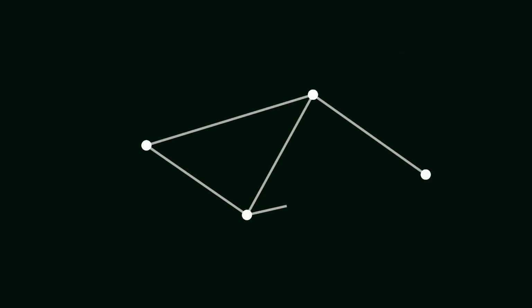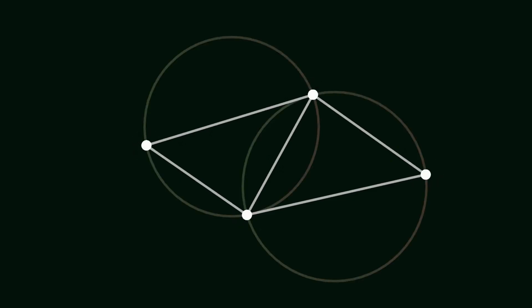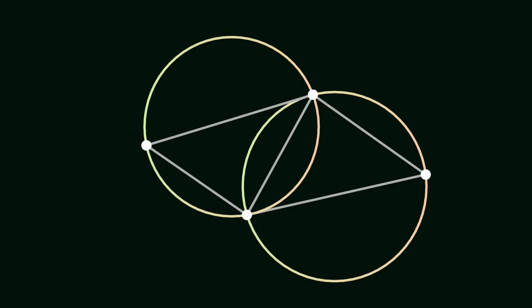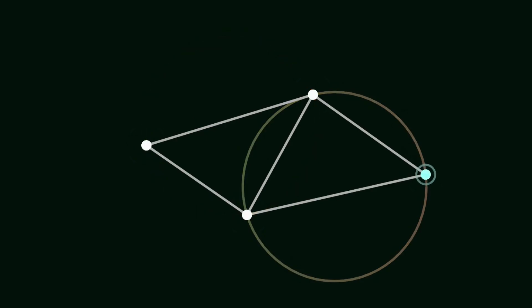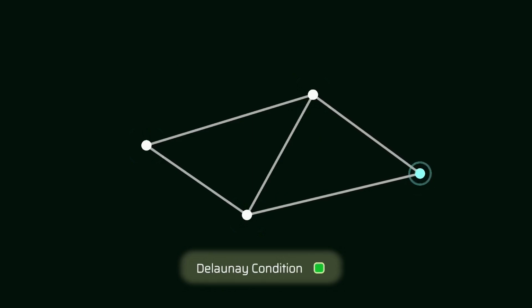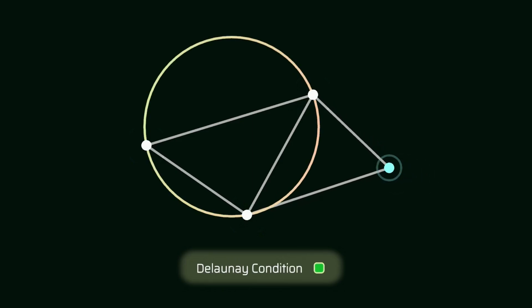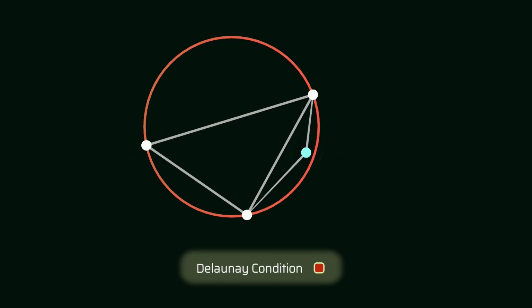Now, a Delaunay triangulation is a set of points with triangles such that none of the points lie within the circumcircle of any of the triangles. This means that if we were to shift this point to the left such that it entered the circumcircle of this other triangle, then the Delaunay condition becomes false and we no longer have a Delaunay triangulation.